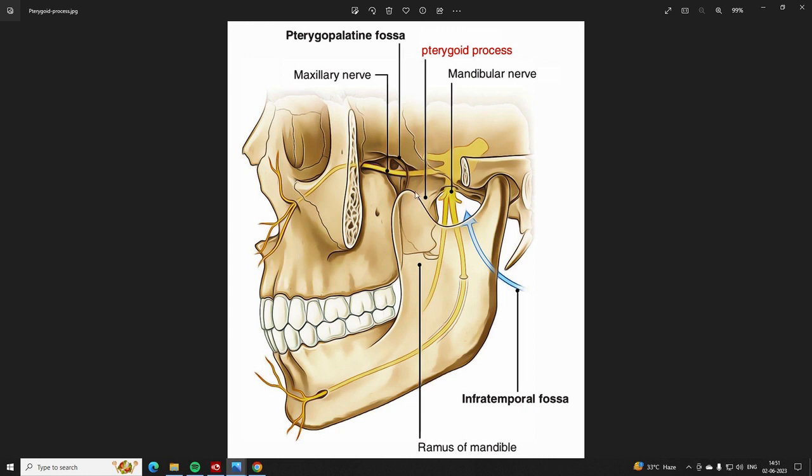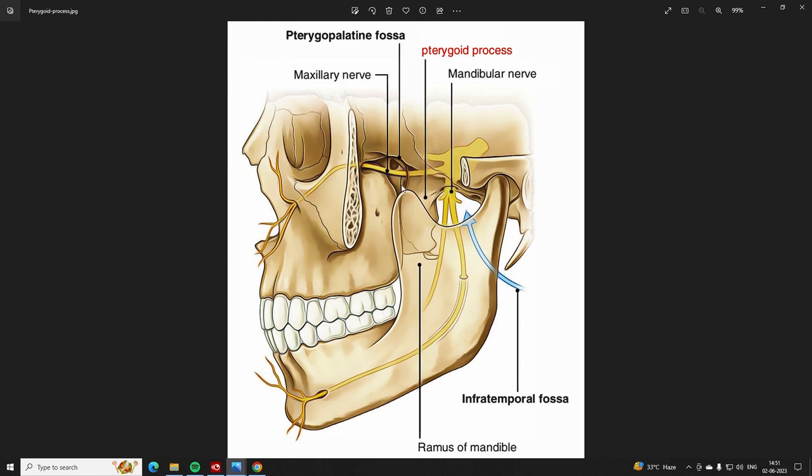So the coronoid process is obstructing because it is almost at the end-on view level of the pterygopalatine fossa. That's why we are entering through the mandibular notch. We are taking the needle as anterior as possible at the mandibular notch, so that we will be almost parallel to enter into the pterygopalatine fossa.